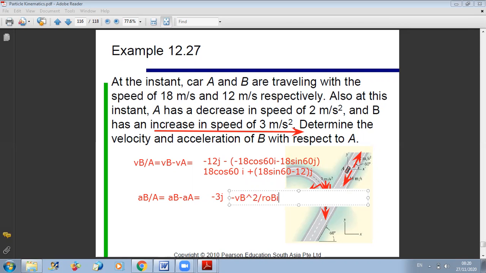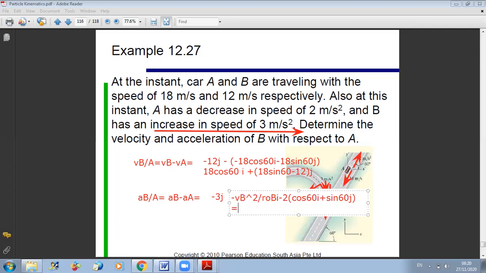And now for AA, I should decompose it into two components. So it's minus 2, like I did for the velocity of A. I decompose it, so it's minus 2 times cosine 60 i plus sine 60 j. Now in total, I sum the i components together and the j components together.